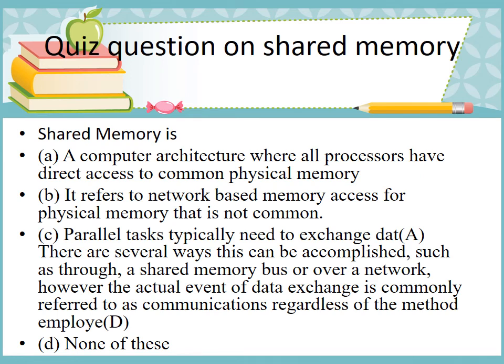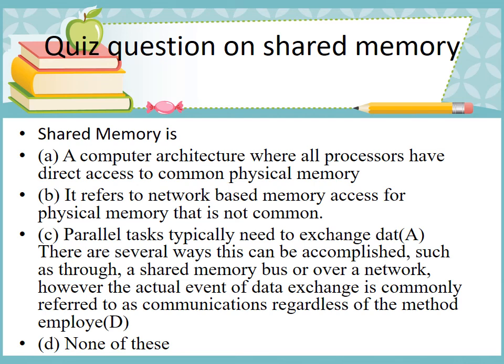I hope you all understood. Now we have a question on shared memory. What is shared memory? Option A: a computer architecture where all processors have direct access to common physical memory. Option B: network based memory access for physical memory that is not common.